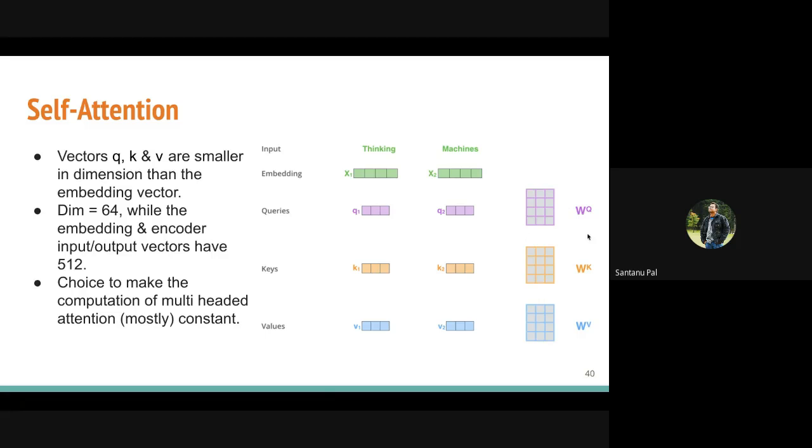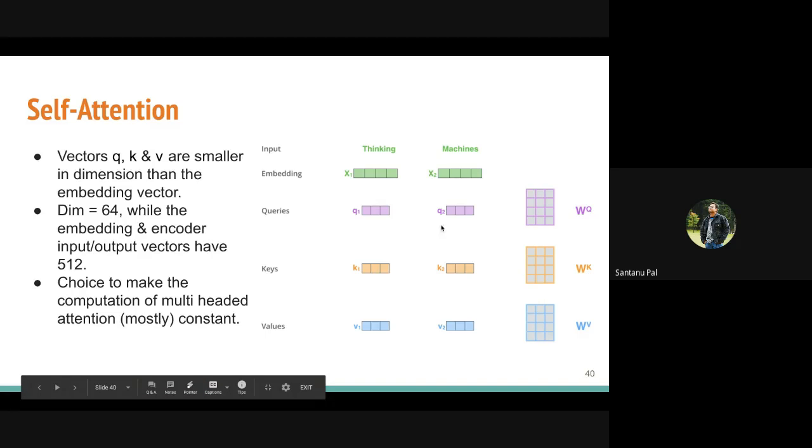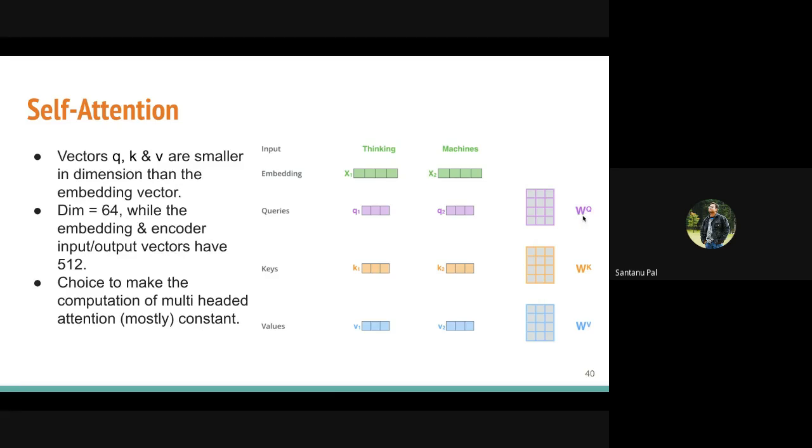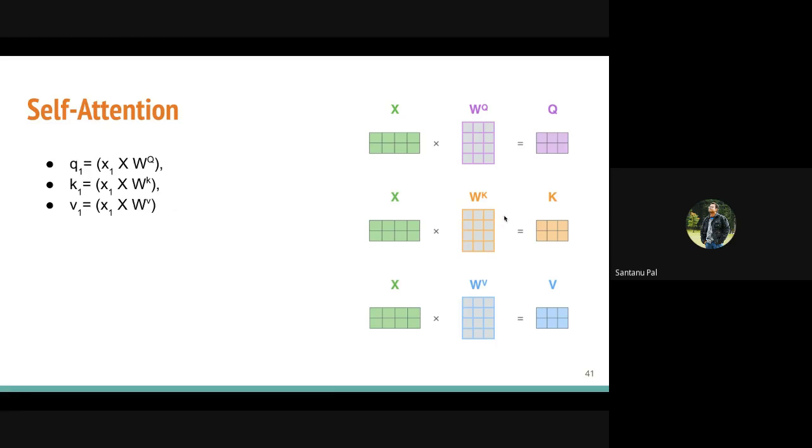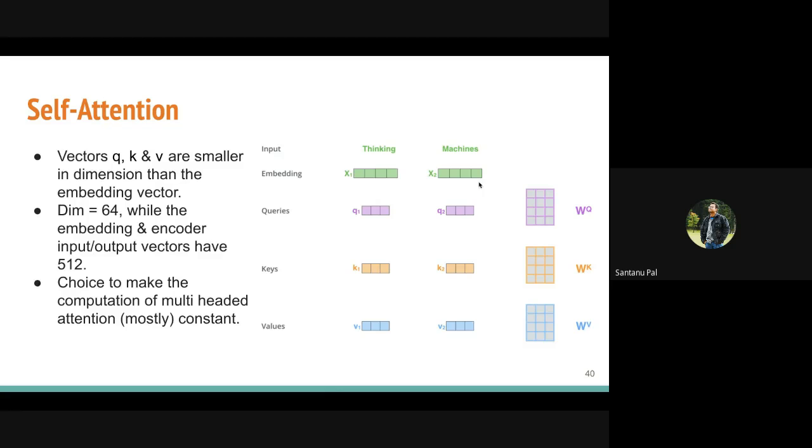So now we have some weight matrices and some queries. Each query has a weight matrix, and we multiply by the weight matrix. We have the input dimensions, but we have to make the dimension 64. Let's say this one is 5 1 2. In this case it is 4, but we have to reduce the dimension, so we multiply by the weight matrices WQ, WK, and WV.